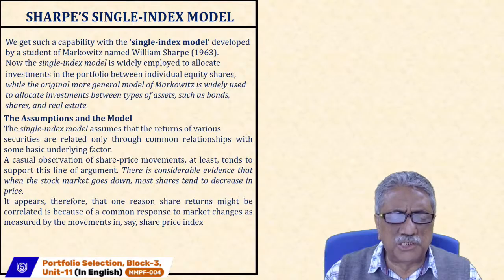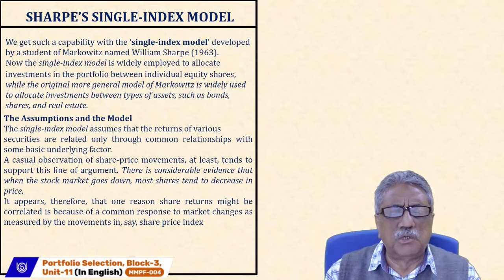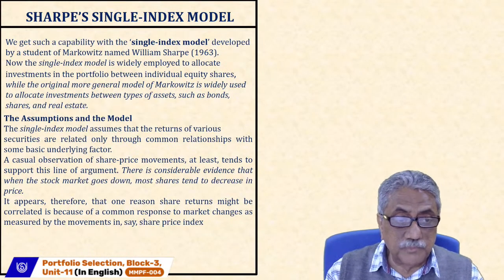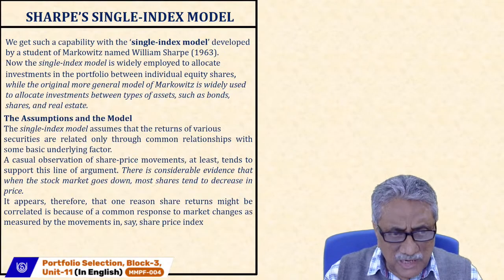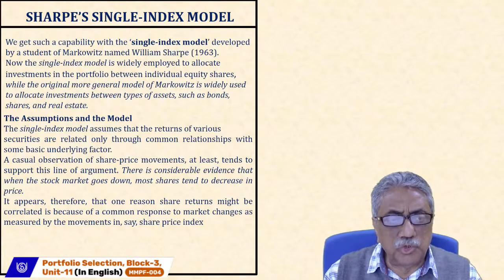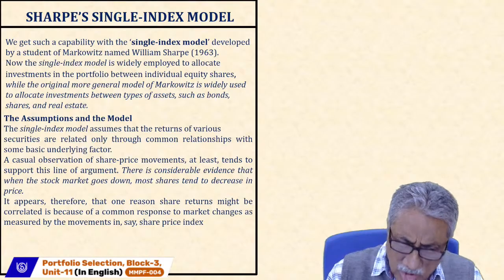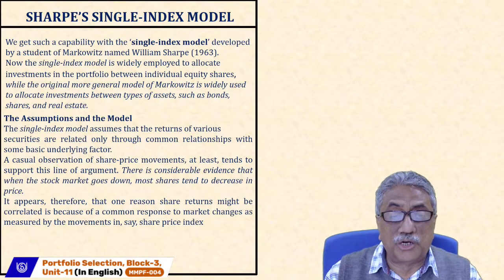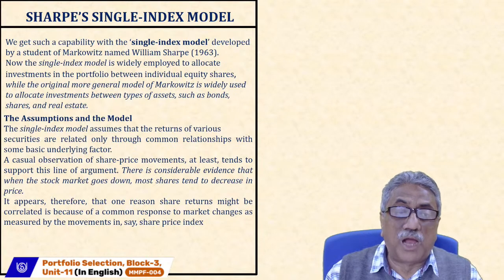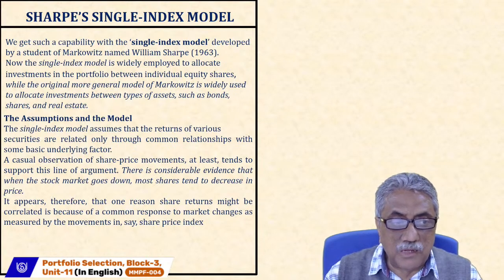So 46 shares in Nifty have gone down, 4 have gone up. So there is some common factor which has resulted in this. Those stocks had a different type of risk, so they have not gone down, rather they have moved up or whatever it is.